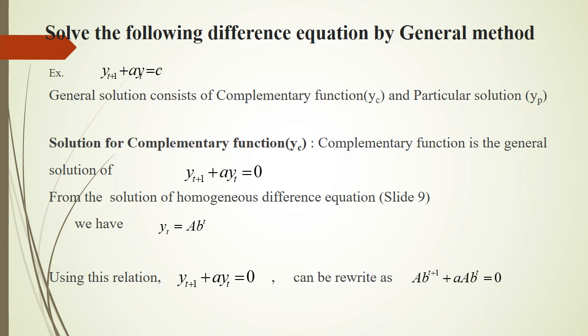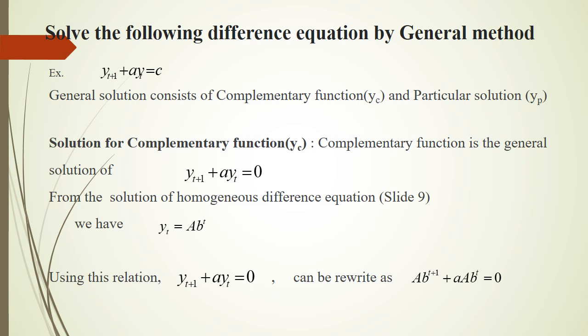What is the complementary solution? As I told you, there is a similarity between the solution of the complementary function and the solution of the homogeneous. We have to take the homogeneous part of this equation. The equation is given as y(t+1) + a y(t) = c. So for the complementary function solution, we will first consider y(t+1) + a y(t) = 0. You can go back to your slide 9 and check.